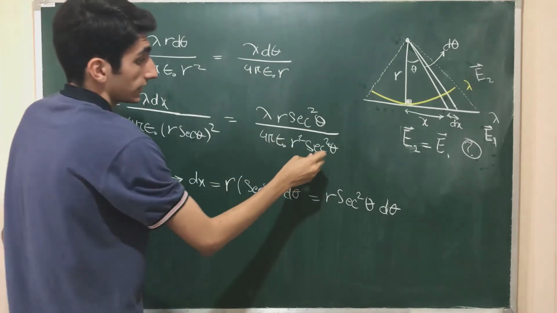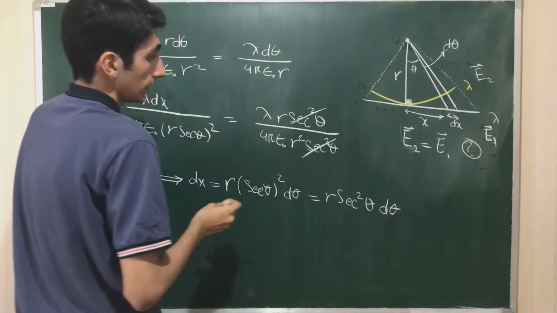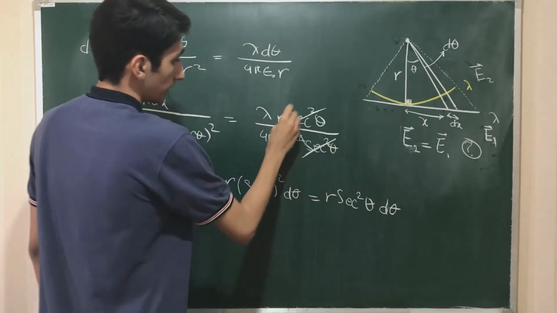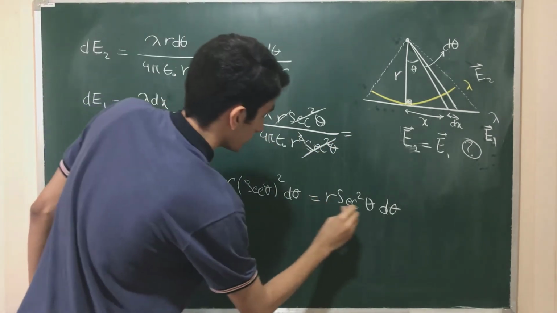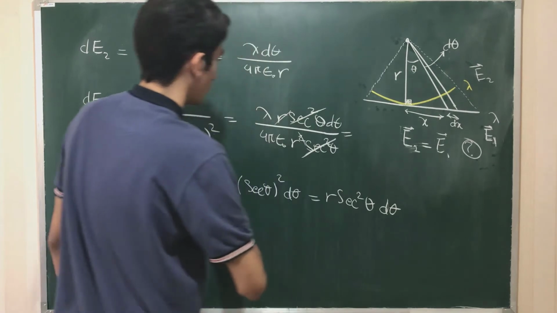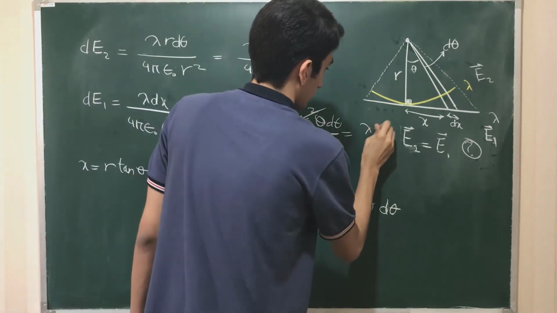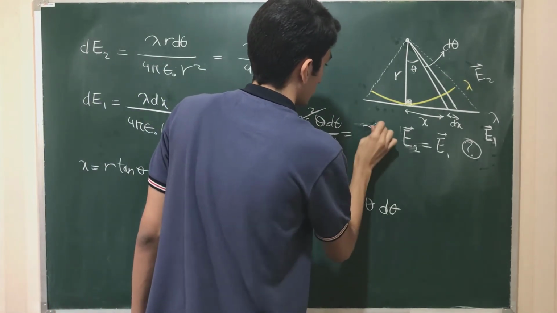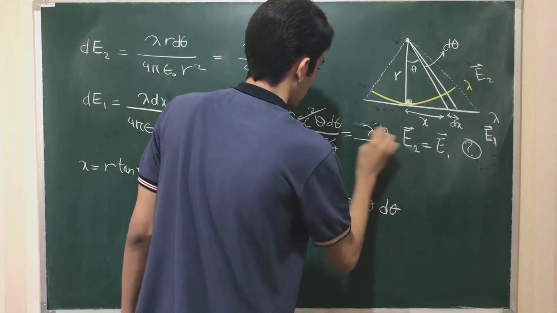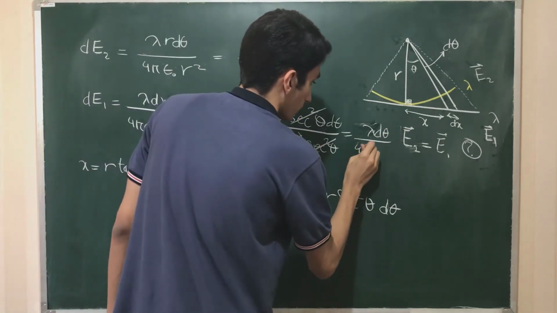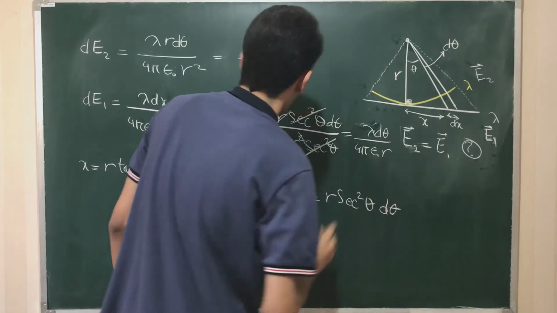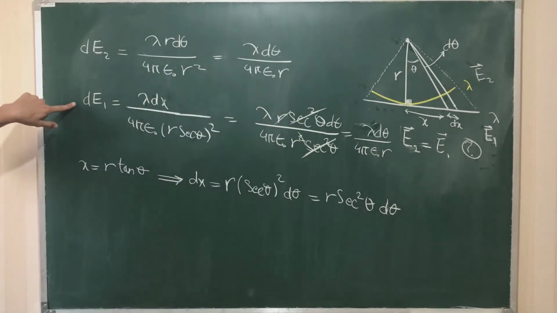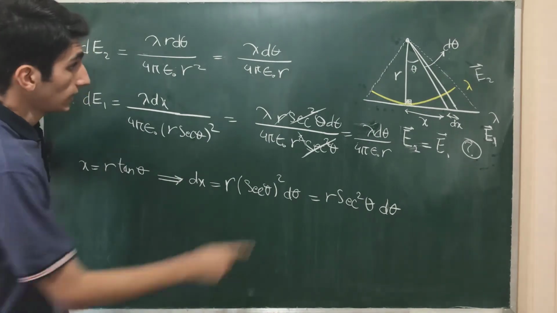The secant terms cancel out, and this r here cancels out. The only thing left would be d theta. So this would be equal to lambda times d theta over 4 pi epsilon 0 times r. So dE1 and dE2 are the same.